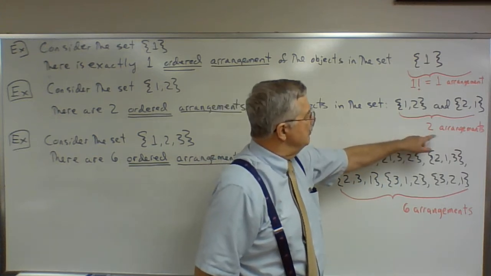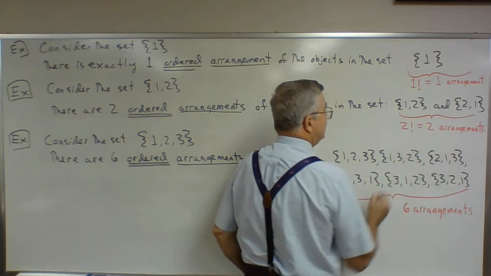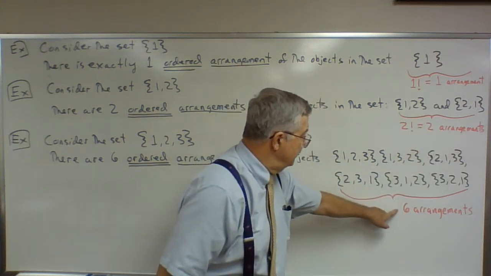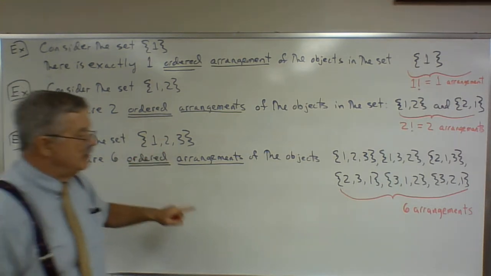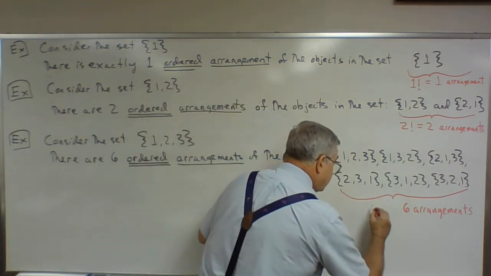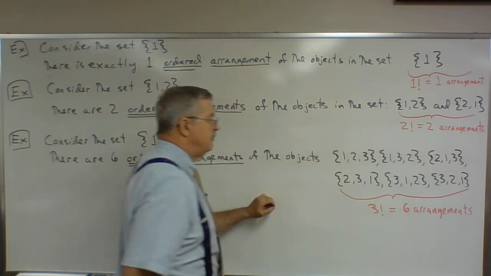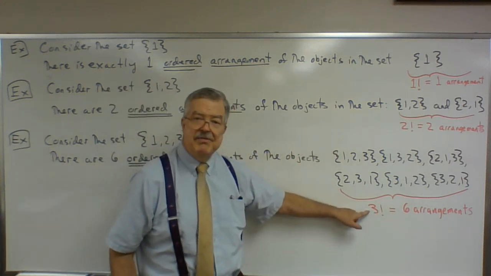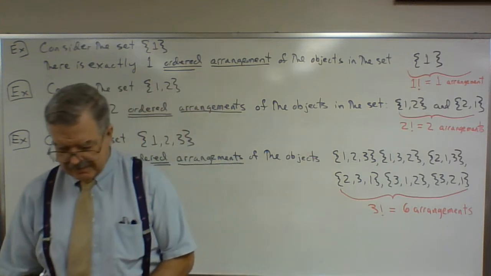And isn't this equal to 2 factorial? And 6. We have a set with 3 elements. We have 6 arrangements. But 6 is 3 factorial. 3 times 2 times 1.